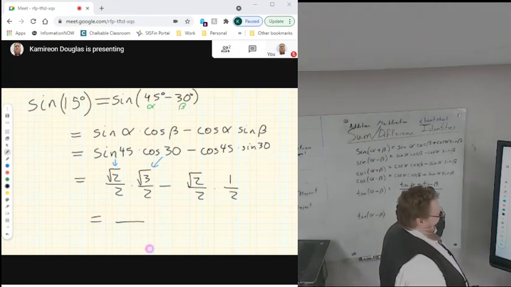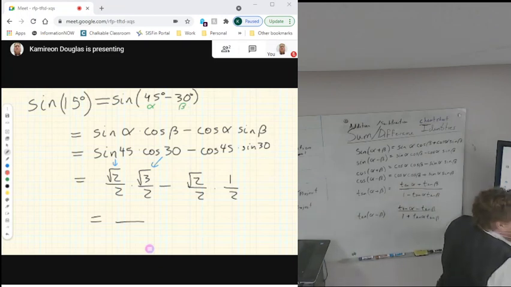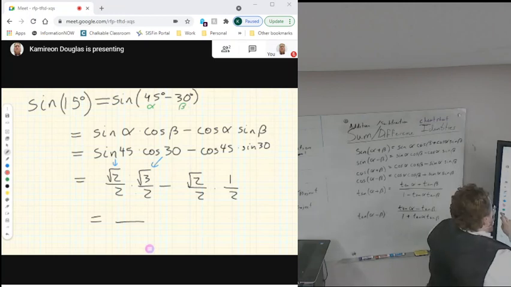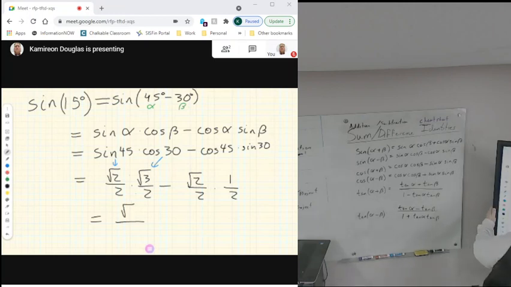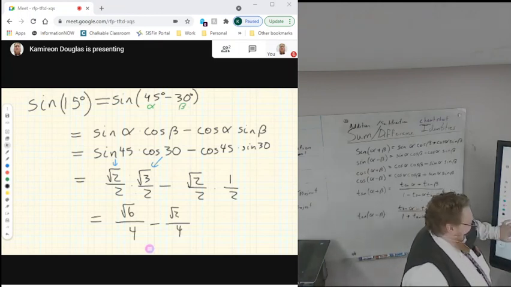Okay, so as a reminder, I multiply top times top, square root of bottom times bottom. The top would be the square root of 6. Bottom times bottom would be 4. Minus top times top, square root of 2 over 4. And now I combine. Be careful.